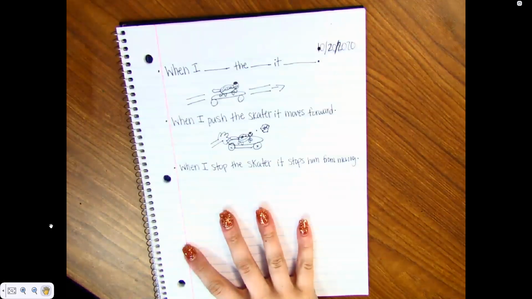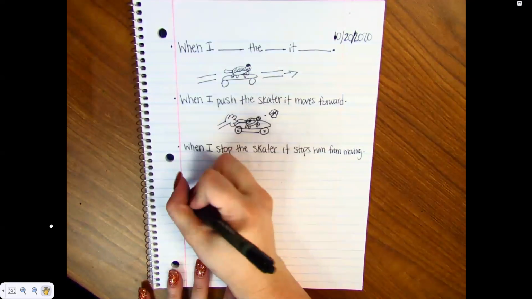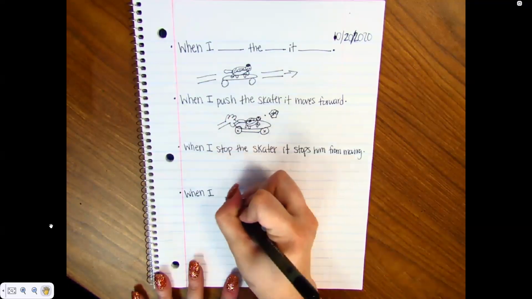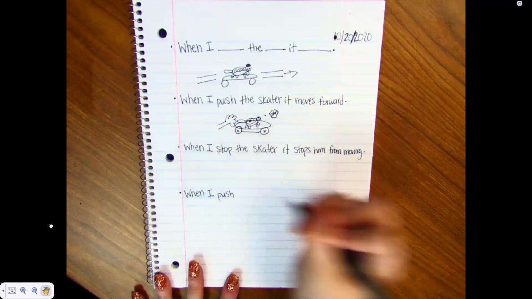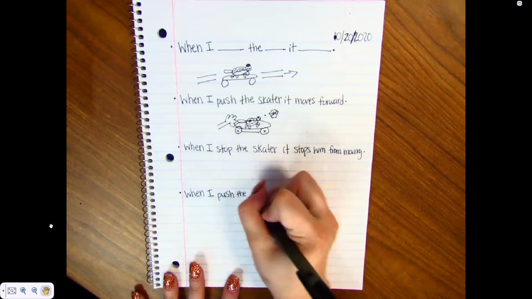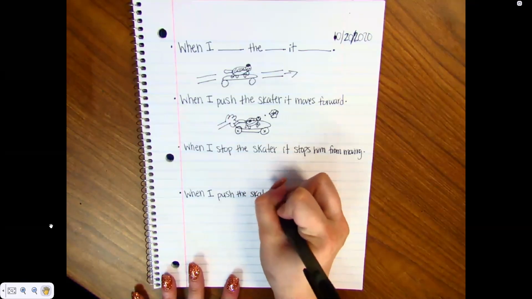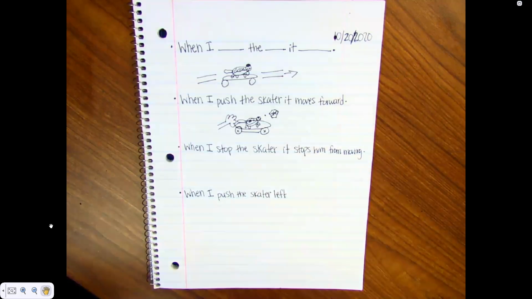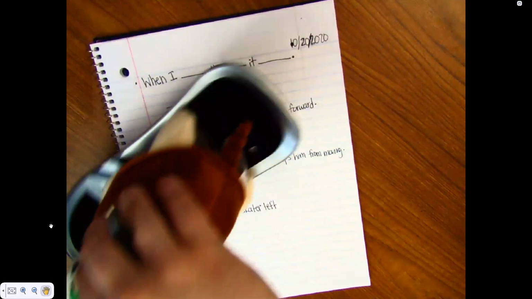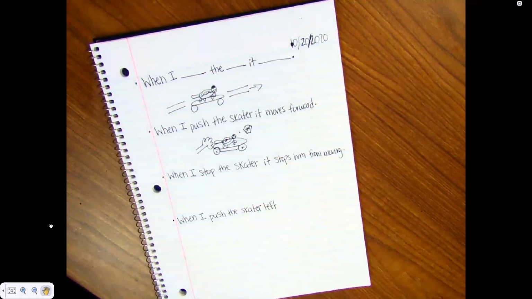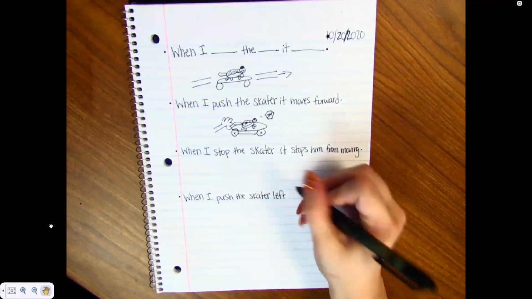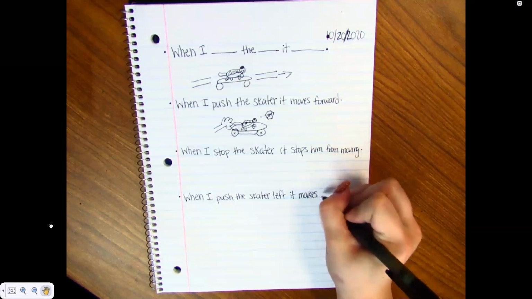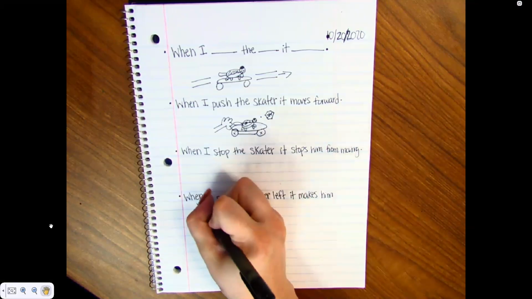Okay. So on my sentence, I could say, when I push the skater, we'll just say left, because he's going to go left, right? Or if I push him left, it makes him move.